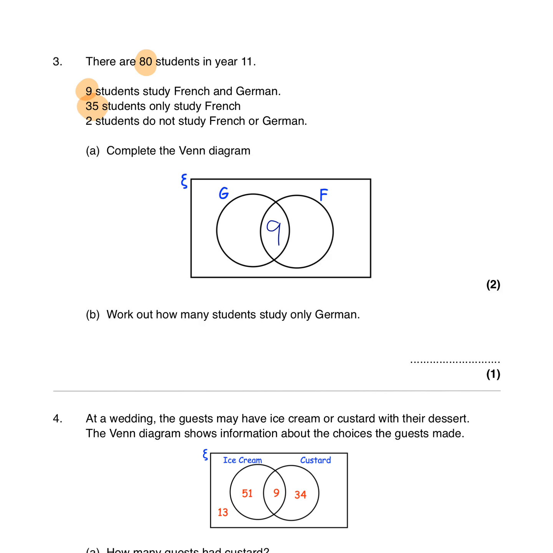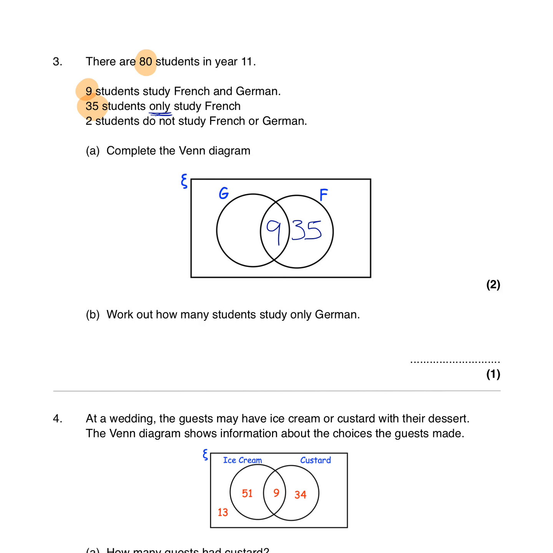The fact that it says only study French means that there's 35 students in the section where there's only French being taught. That's this bit over here. The 9 students do French and German, so there would be 44 students altogether, but 35 of those students only do French, so 35 in that section there.